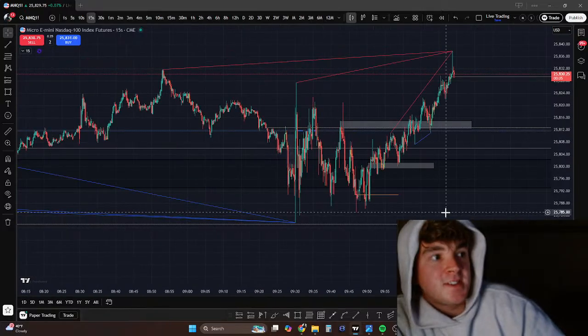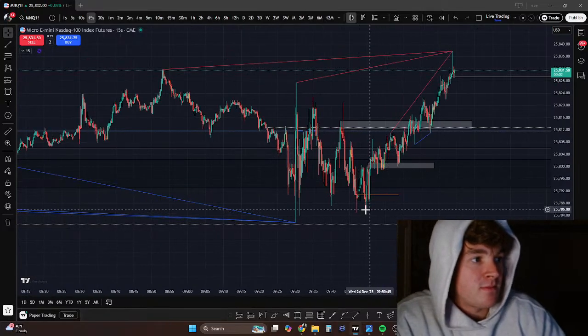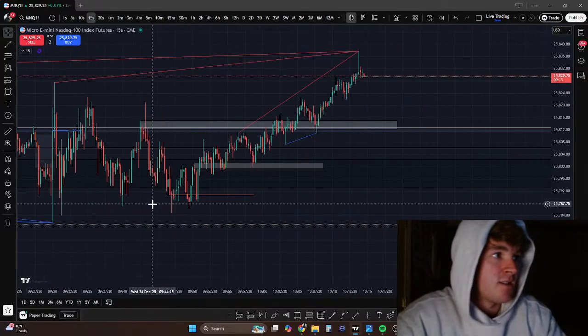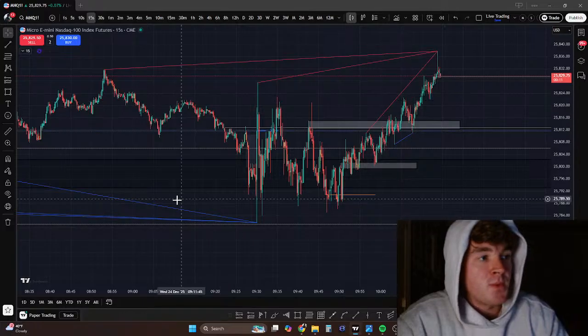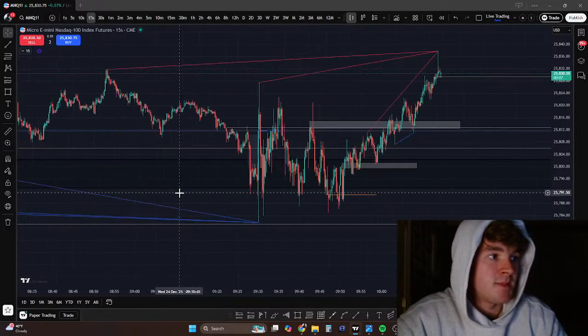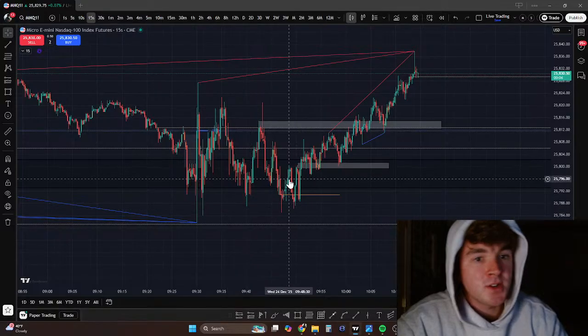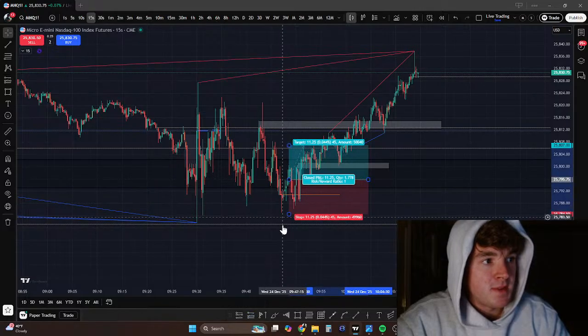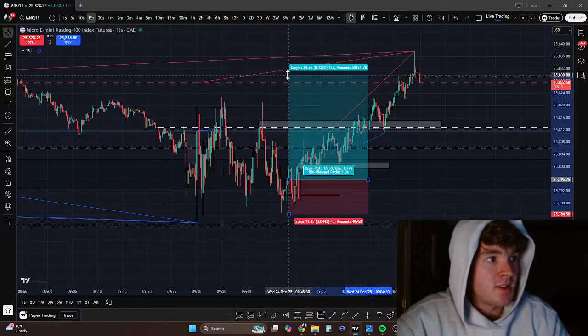You can see how it's a buy model: rejection block, fair value gap, breaker, boom, delivery higher. We could be at the high here, who knows? But it is fascinating because the one trade I did take ended up being the low, which is kind of cool. I could have held this.